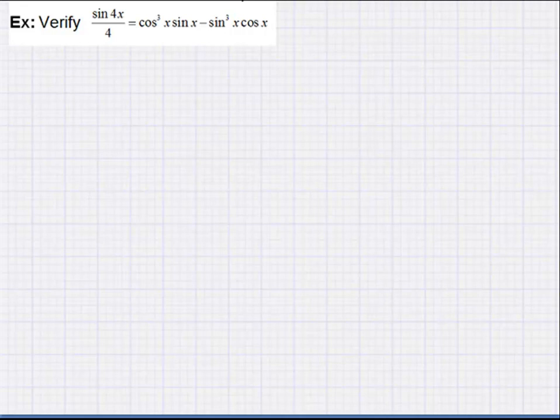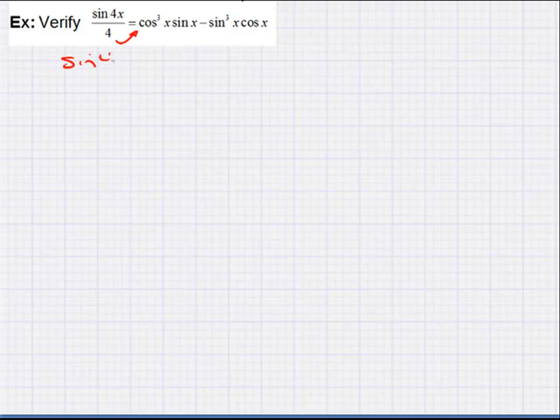What you're more likely to do is probably use the double angle identity to do something like this. Well, you want to verify that the sine of 4x over 4 equals cosine cubed x sine x minus sine cubed x cosine x. So what I'm going to do is this. Use the same technique we used before. I'm going to take this 4 and move it to the other side.